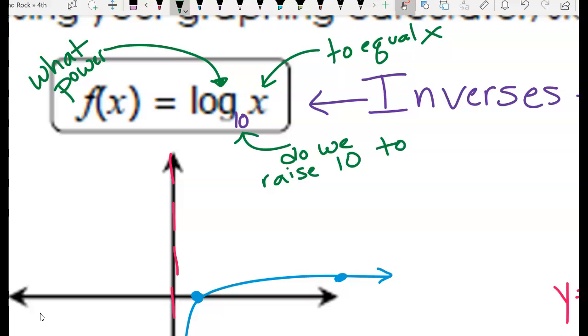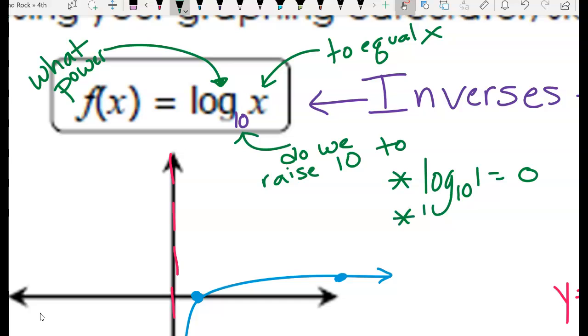So this super short log base 10 of x is actually asking, what power do we raise 10 to equal x? So if I input a 1 for x, I'm asking, what power do we raise 10 to equal 1? And what would you tell me? 0. So log base 10 of 1, what power do you raise 10 to equal 1, is just 0. And we have now done log in our head.